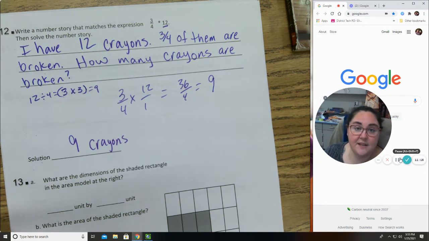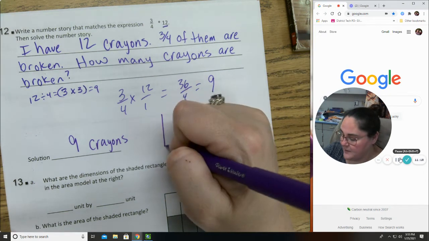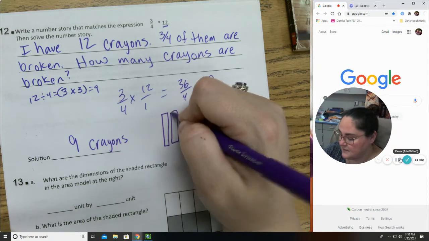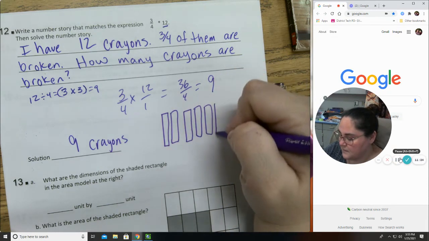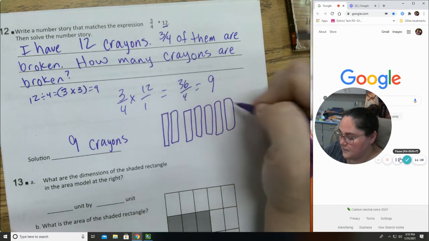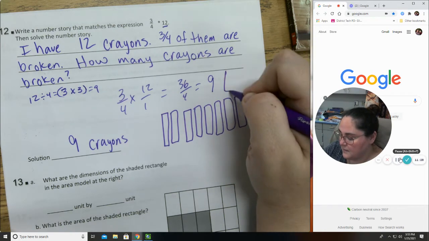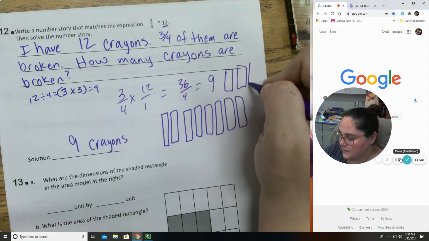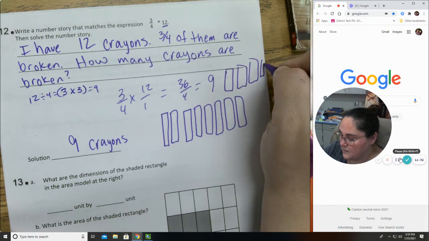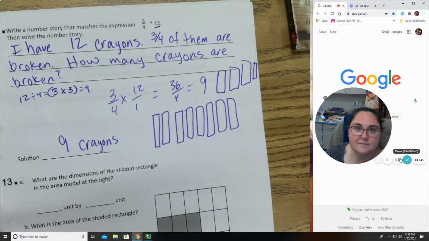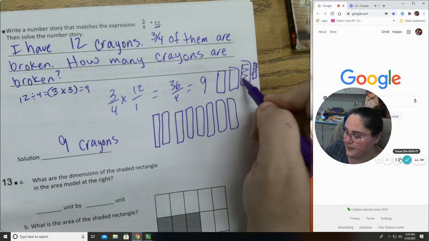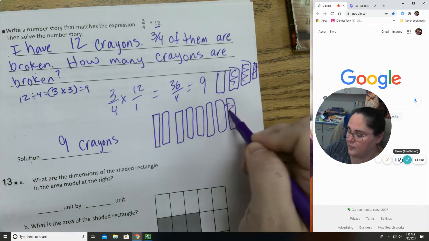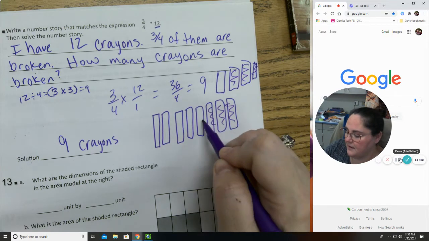Another way you can do this, if you're a picture person, I'm going to draw my crayons. There's my crayons. 3 out of every 4 are broken. So broken, broken, broken, not. Broken, broken, broken, not.